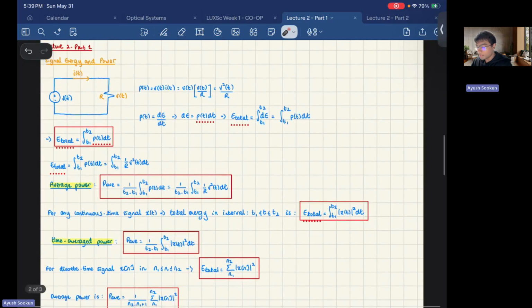Now, for any continuous time signal x of t, the total energy in the interval t1 to t2 is the integral from t1 to t2 of the absolute value of x of t squared, dt. Now you can have a negative function, right? If you have a function that's negative, for example, you can have a negative energy, which does not make sense.